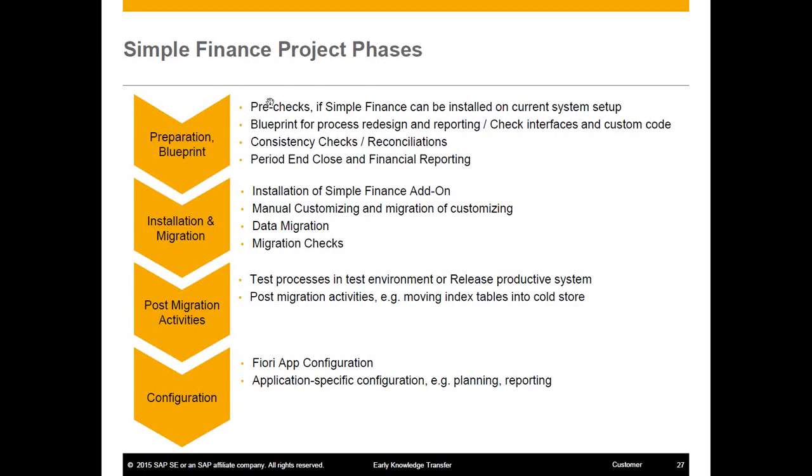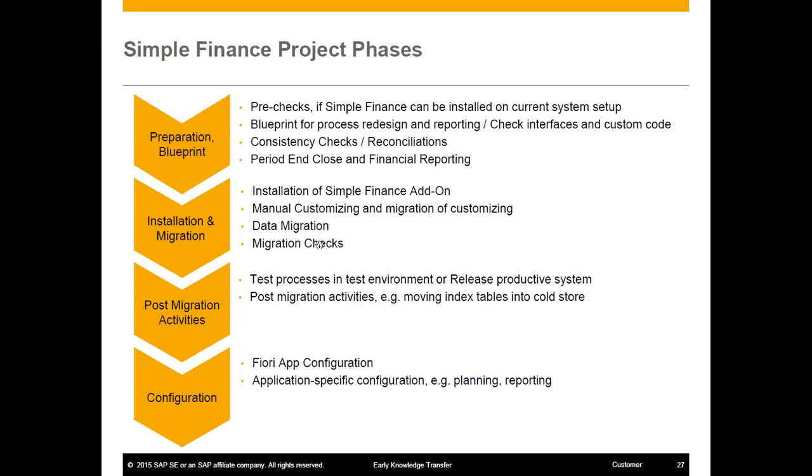You do the pre-checks to see if Simple Finance can be installed in your current system. You write a blueprint, look at the process redesign reporting, check the interfaces and custom coding, and check for consistency and the reconciliations between ledgers and subledgers. You look at the period end close and the financial reporting, install the Simple Finance add-on, manually do some customizations, and migrate any customizations that you may have.